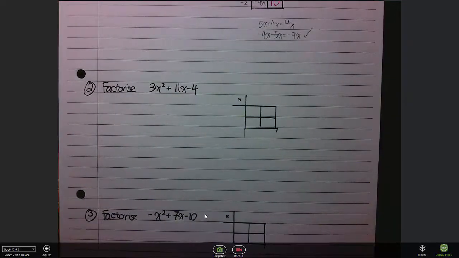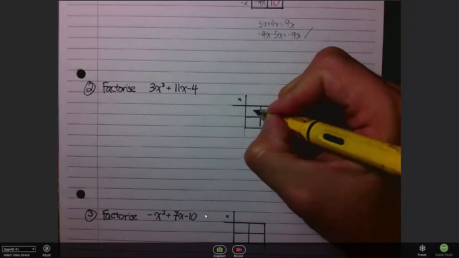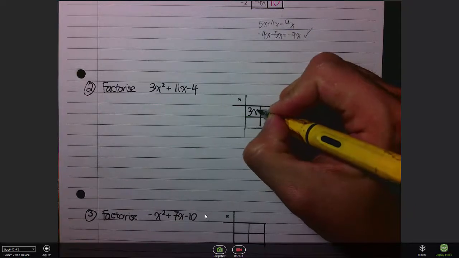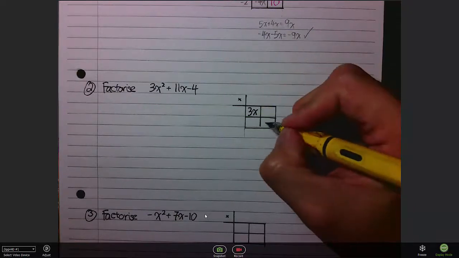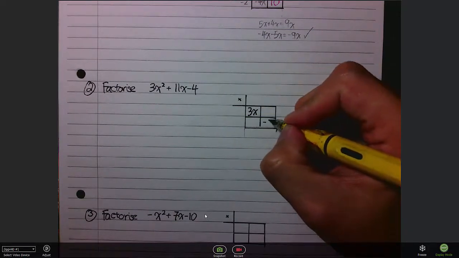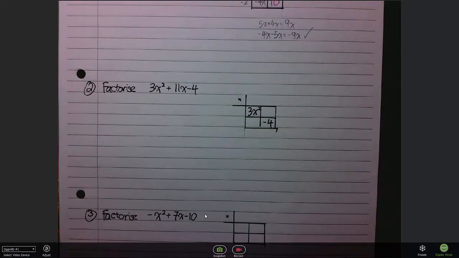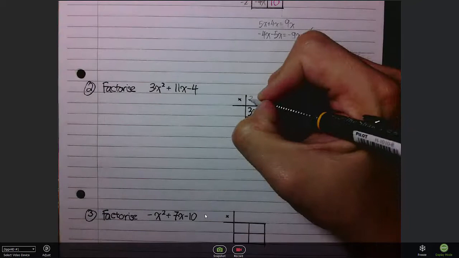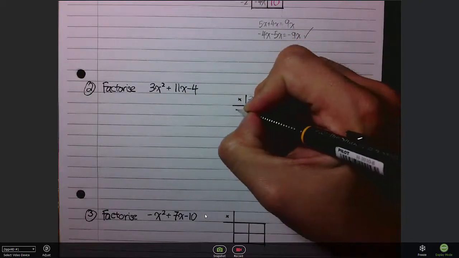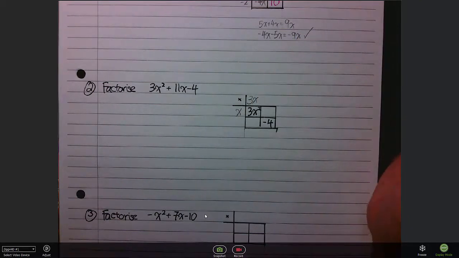Okay, next question is 3x squared plus 11x minus 4. First I write down 3x squared and negative 4 down here. 3x squared I will write as 3x multiplied by x.